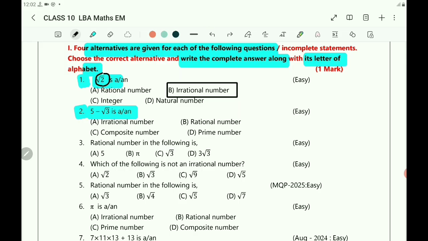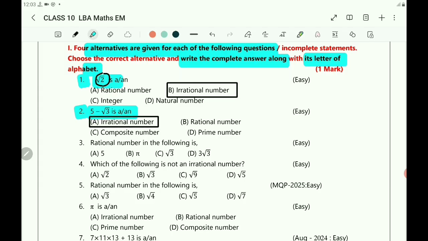There are 2 terms. First one is 5, which is a natural number, and the second number is root 3, which is an irrational number. So 5 minus root 3 is an irrational number as there is an irrational part. So the answer is an irrational number.